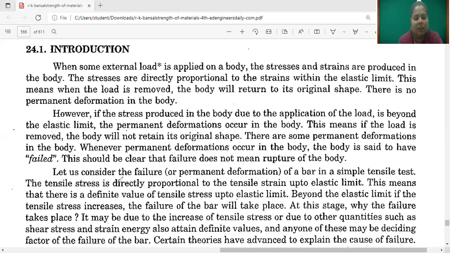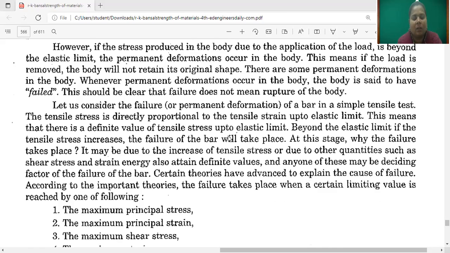Let us consider the failure, in bracket, permanent deformation, of a bar in a simple tensile test. Full stop.